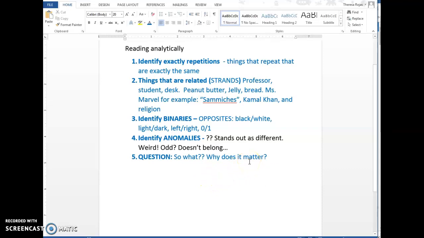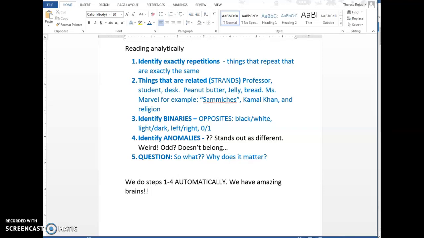Now, one of the things I want you to know is that we do steps 1 through 4 automatically, because we have amazing brains. So we are always doing this when we're evaluating something.